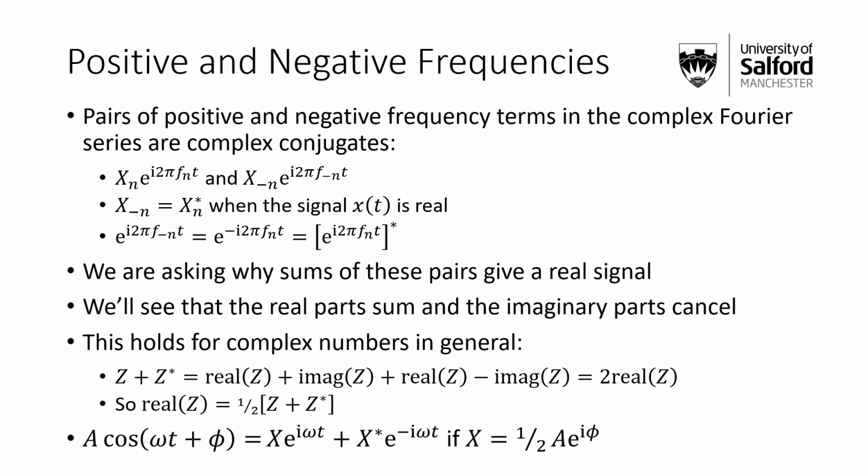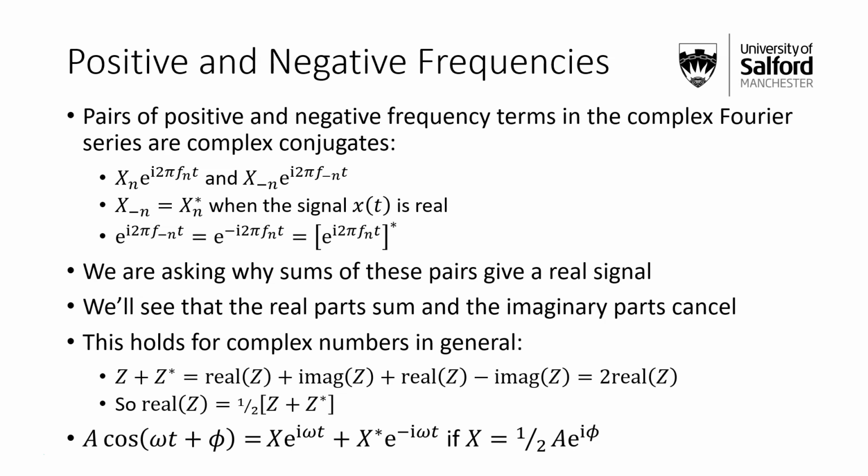So if you started off with a notation where you had amplitude A times cos(omega t plus phi), and you were going to represent that as the sum of a positive and negative frequency, x e to the i omega t, I have to switch back to omega here, apologies, plus x conjugate e to the minus i omega t. That works so long as x is half of A e to the i phi.